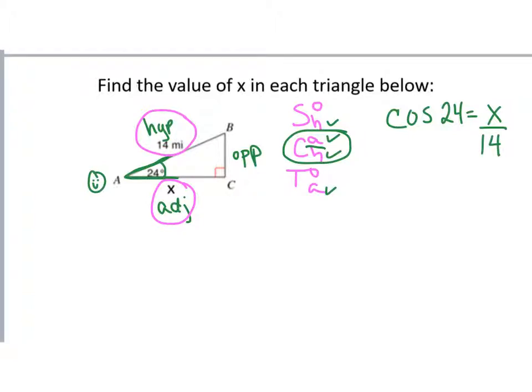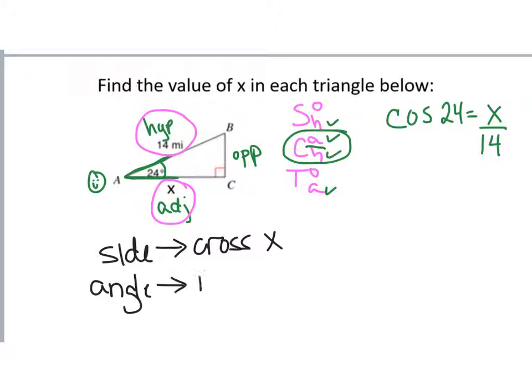Again, X is a side, and so for a side, I'm going to cross multiply. For my angle, I'm going to inverse. So in this case, I want to cross multiply. When I do that, I get X times 1, and then 14 times the cosine of 24.